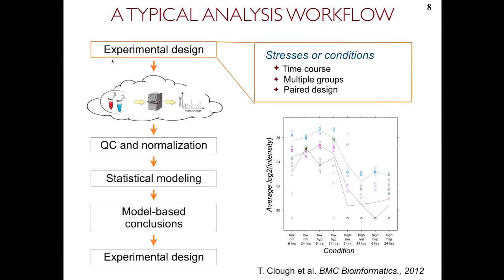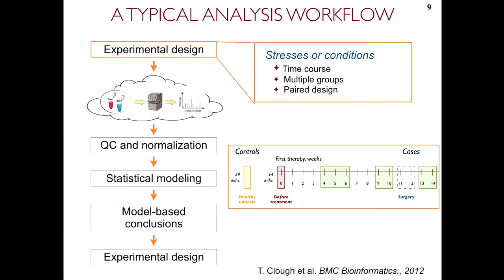But after this is done, maybe just also to emphasize, this was the previous example that I showed, right? But this is another example of what we would call a complex design. This was also a collaboration a while ago. This was a study of childhood cancer, osteosarcoma. Our collaborators had 29 healthy controls, which were quantified at one time point.